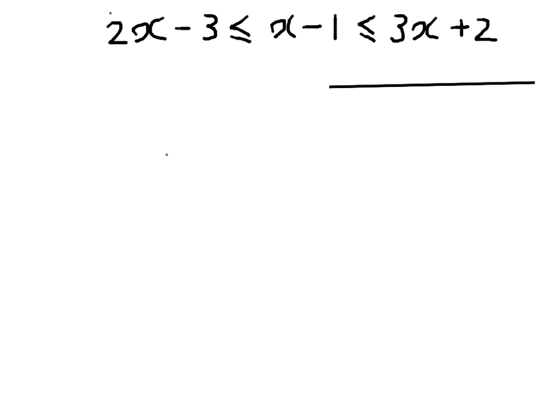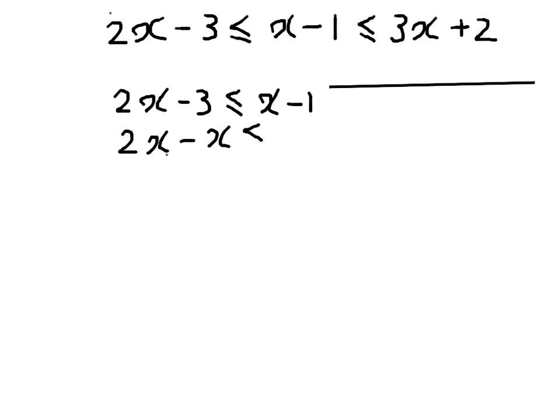So, left-hand side, 2x minus 3 and x minus 1. As before, move the smaller x, so 2x minus x is less than or equal to minus 1 plus 3.